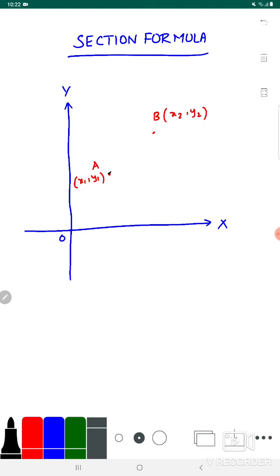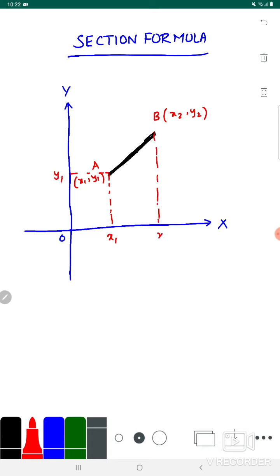Let us say this is AB. Now, as I have already discussed with you, this point A has travelled a distance of x1 and y1. This has travelled a distance of x2 and y2 on y axis.